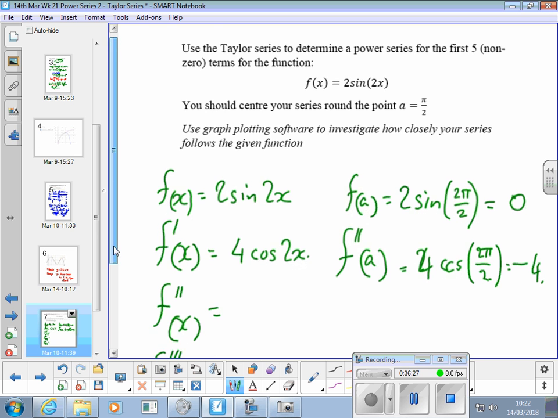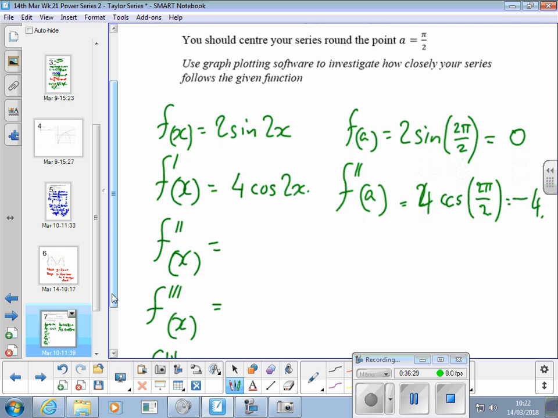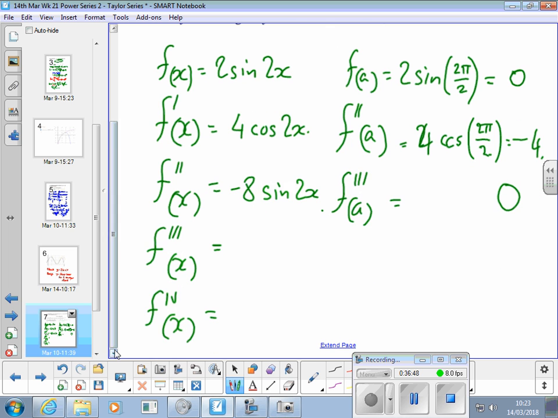Second derivative. Minus 8 sine 2x. The result of that is 0. Third derivative.